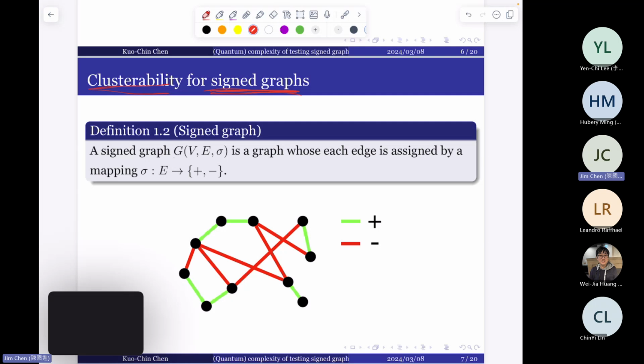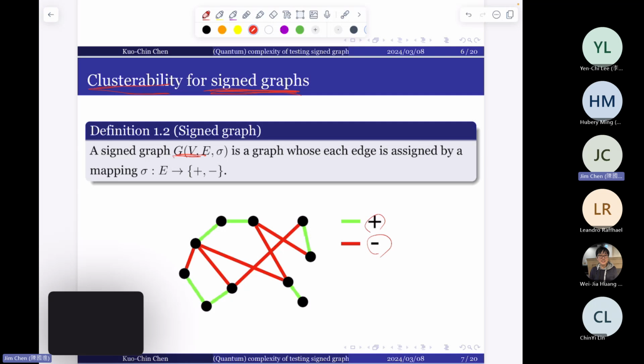We all know what a graph is. A graph contains vertices and edges which connect vertices. And if we are allowed to assign each edge a sign, which can be positive or negative, then we call the graph a sign graph.